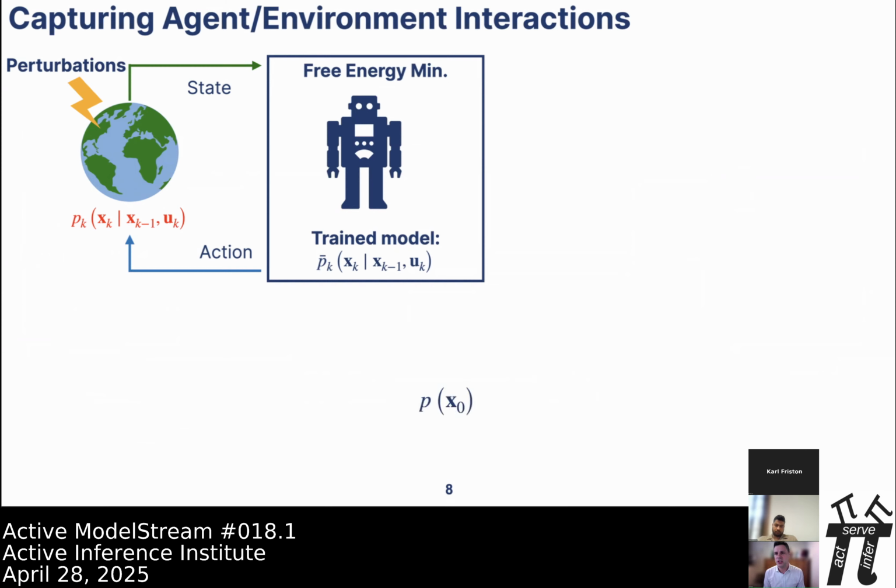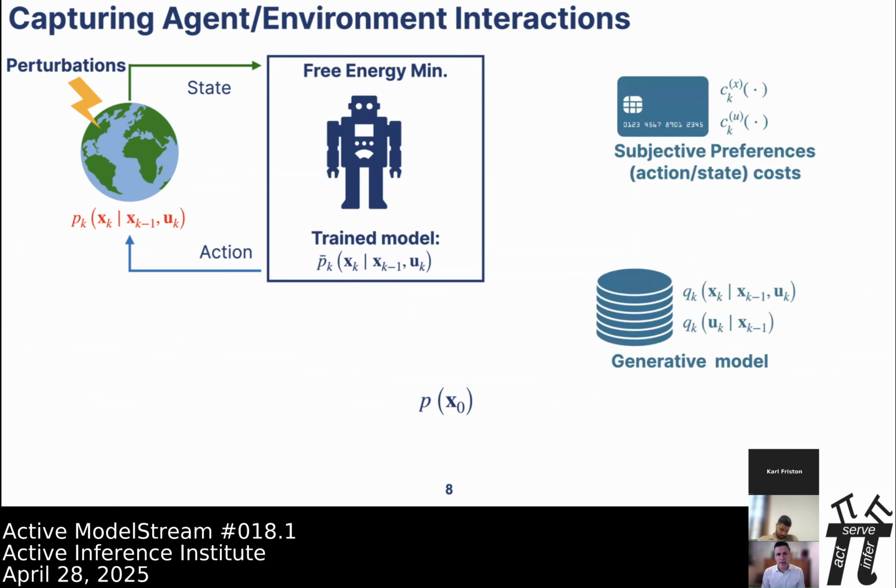Of course, there is an initial condition. There is an initial state for the environment, which is a prior, p(x_0) here. Then what happens? The agent, given this initial information, using the cost function, the preferences, and the generative model, will determine an action. In our framework, as I just illustrated, the action is obtained by sampling from a policy, p(u_k | x_{k-1}).